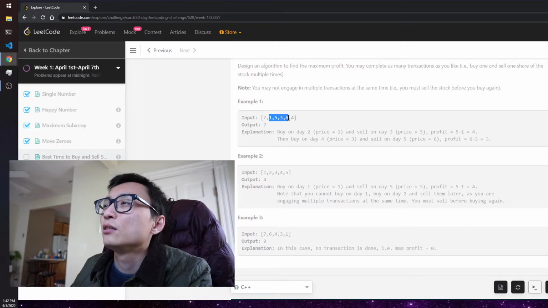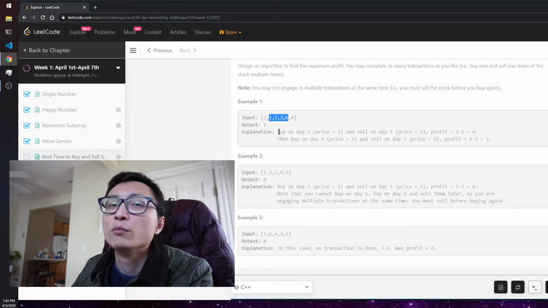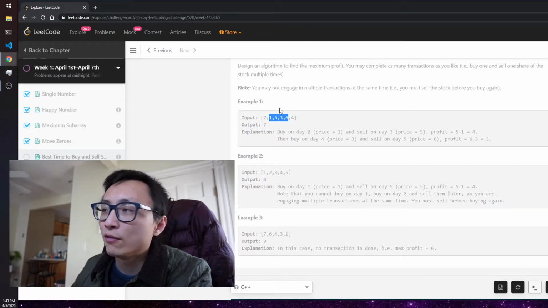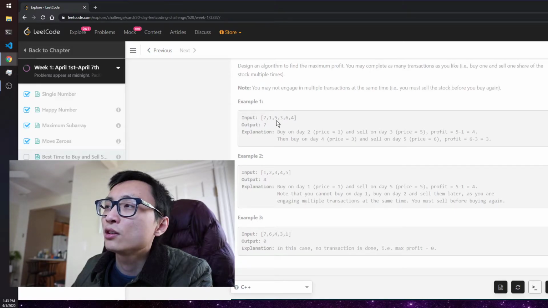These two little transactions actually cover the same length as the bigger one. We see that if we just buy and sell at each endpoint, we get a profit of 5. But if we do multiple smaller transactions, we'll get 7. The difference is 2, which is actually equal to the dip here.